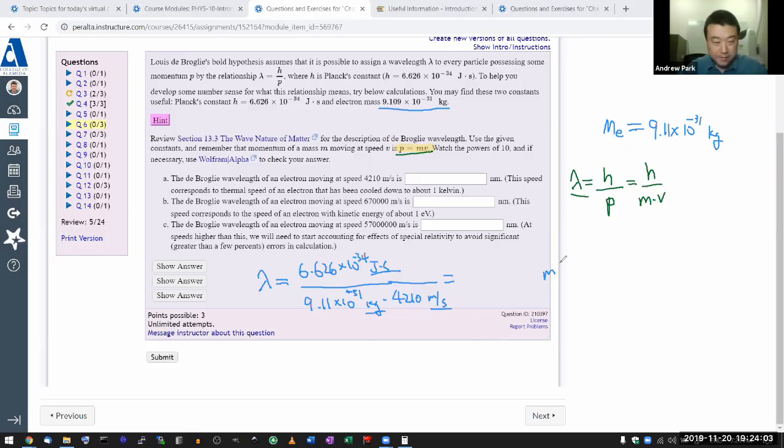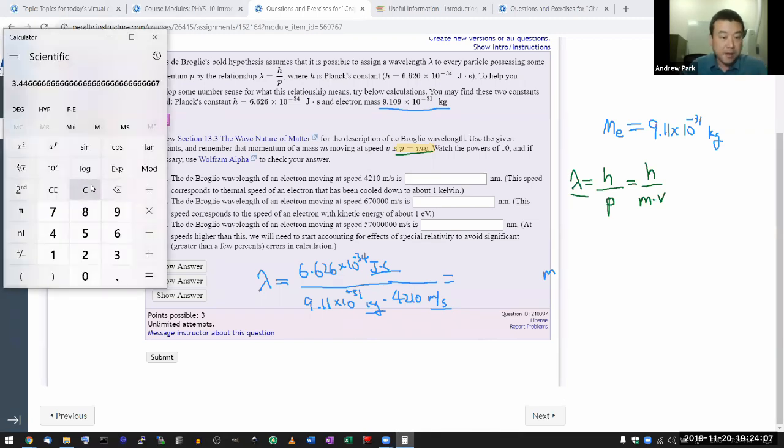So all right, let's write that down, or do that on a calculator. So I have 6.626 times 10 to the power of minus 34 divided by, and I could do a parenthesis thing, but let me just divide both numbers. 9.11 times 10 to the power of minus 31.